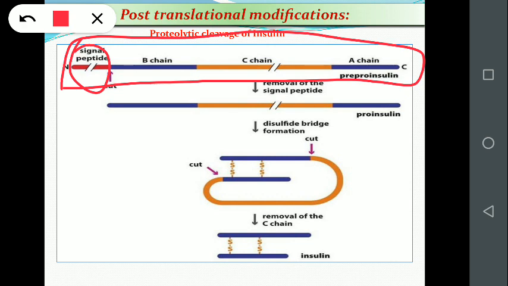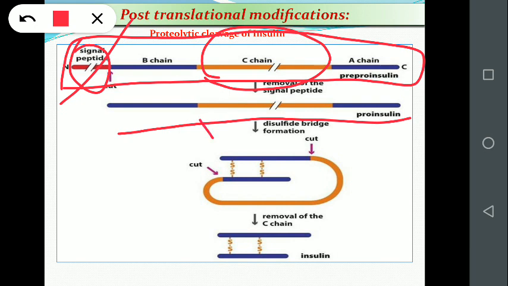That is again a vast area to discuss. Apart from that, we have a C chain, a connector chain between A and B, along with the B chain and A chain. Once we cleave the signal peptide from this pre-proinsulin, we will get proinsulin.